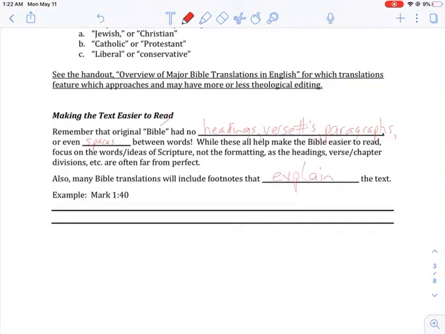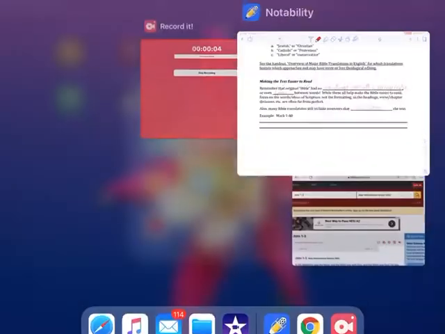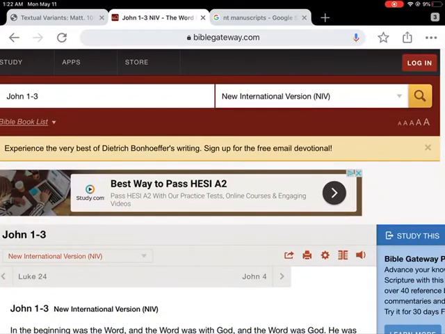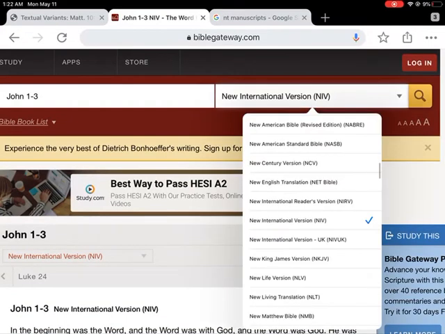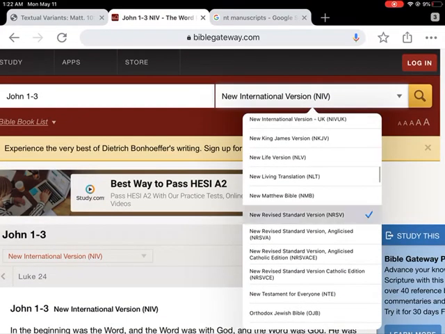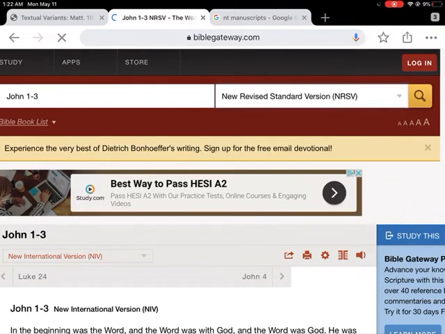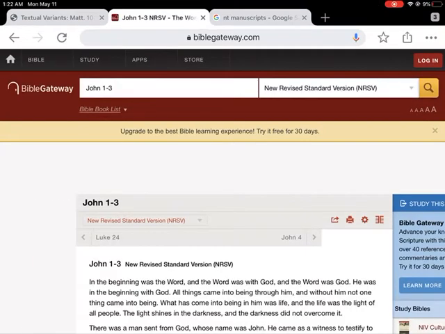So let's look, for example, at Mark 1:40. And for our examples, I'm going to use the NRSV.